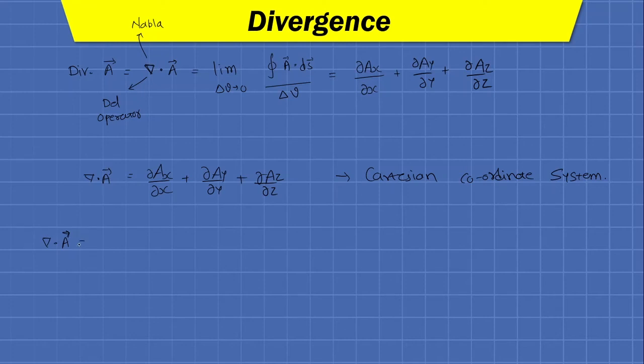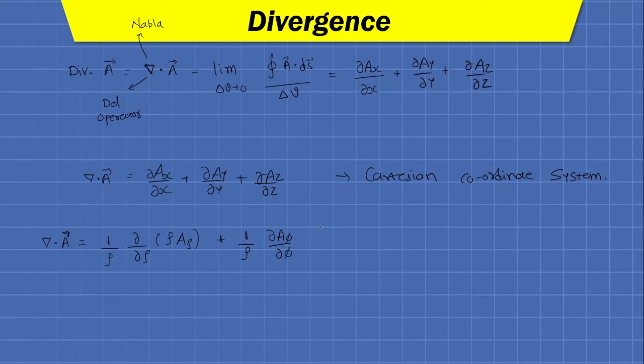So divergence of a bar in cylindrical coordinate system can be found out as 1 upon rho del by del rho of rho into a rho plus 1 upon rho del a phi by del phi.